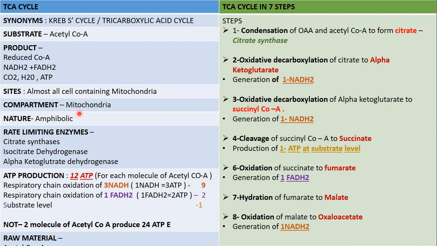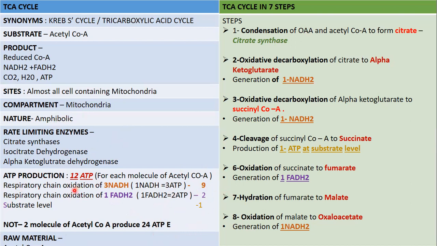When we come to its rate limiting enzymes, what are they? The rate limiting enzymes are citrate synthase, isocitrate dehydrogenase, and alpha-ketoglutarate dehydrogenase. You need to remember this. ATP production is 12 ATP for 1 molecule of acetyl-CoA, and we have 2 molecules of acetyl-CoA, so the complete cycle produces 24 ATP. And how does it have 12 ATP?